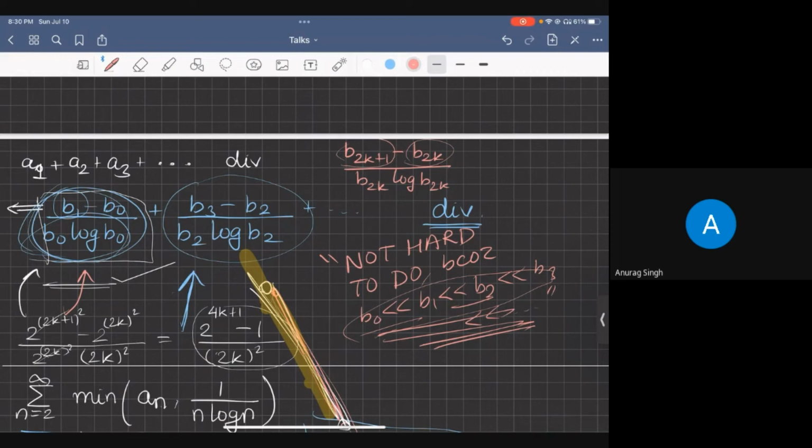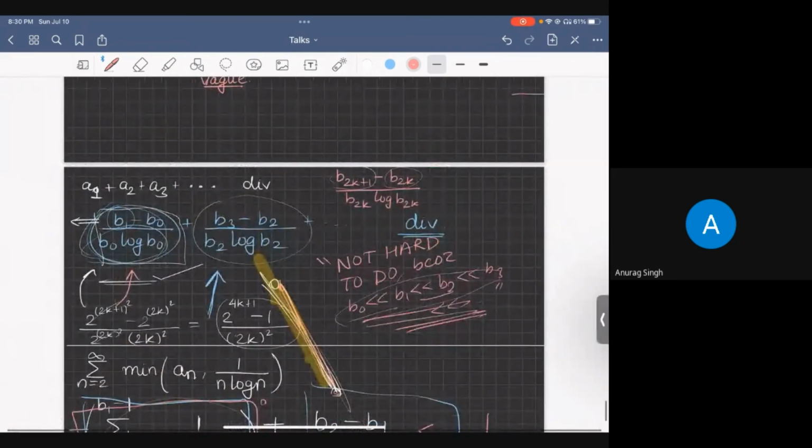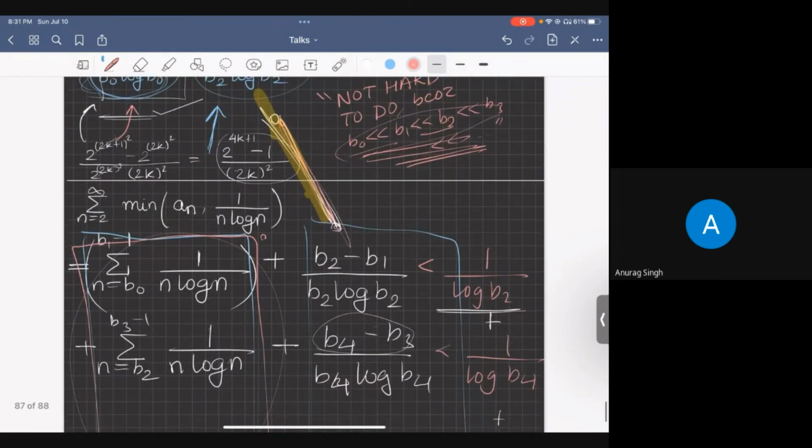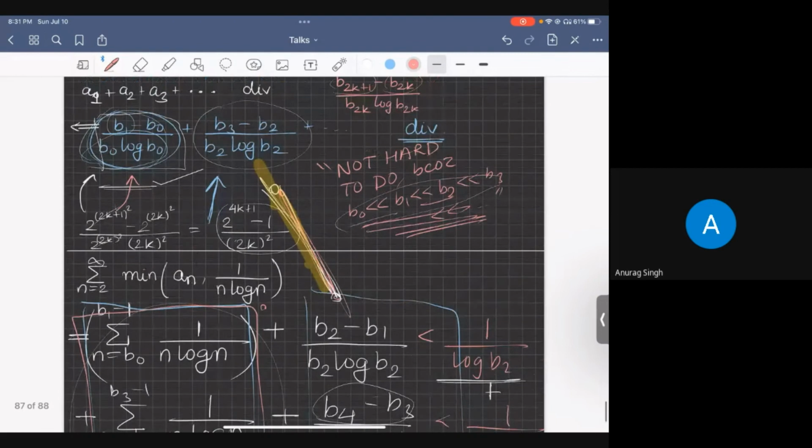We are trying to make 1 by p log p some kind of exponential that is greater than 1. Then it would work very nicely. But we are trying to approximate that exponential for some large intervals.